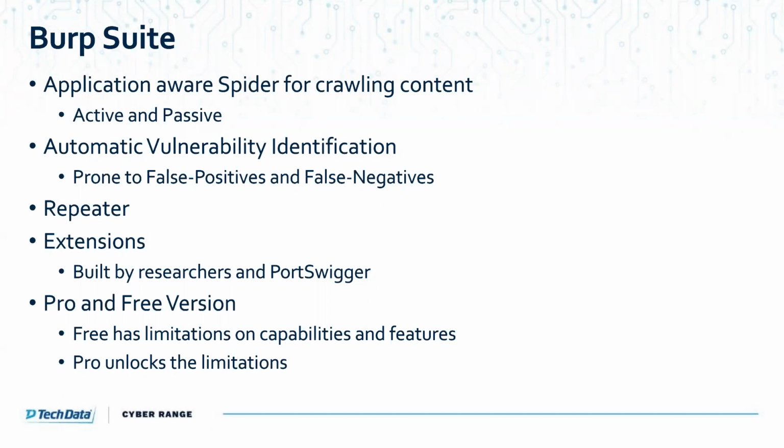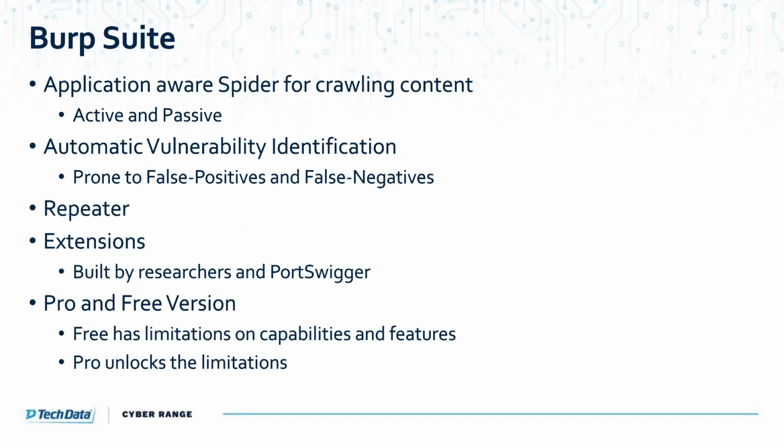So we're not calling out Burp specifically as being prone to false positives and false negatives. We just know that in automated scanning, a lot of the time those things come up, so we wanted to call it out. The Burp Suite repeater works very similar to the repeater in the OWASP ZAP proxy.